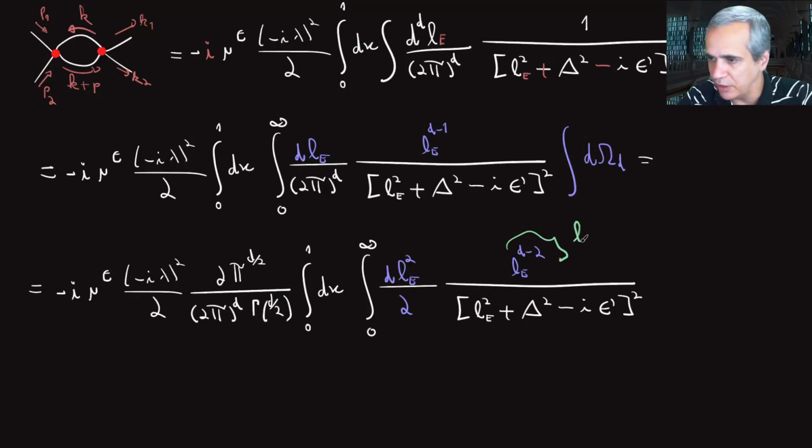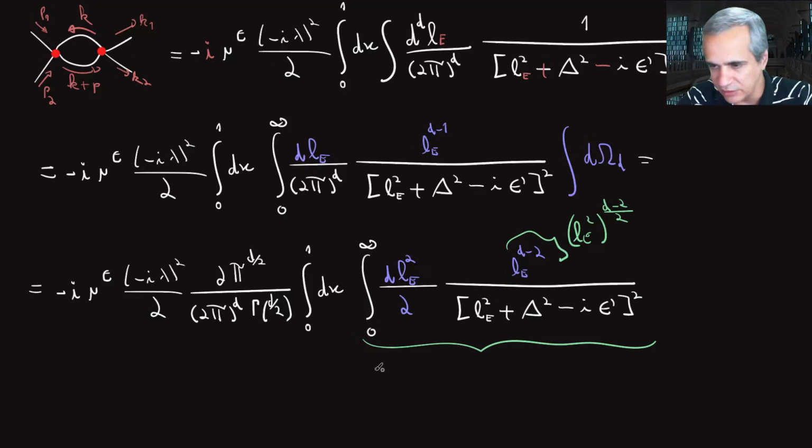This is just l squared to the power d minus 2 over 2. And this is another integral that we have done before. This is the definition of a beta function, which then can be written in terms of products of gamma functions. So go back to the previous video, you find we were calculating this.